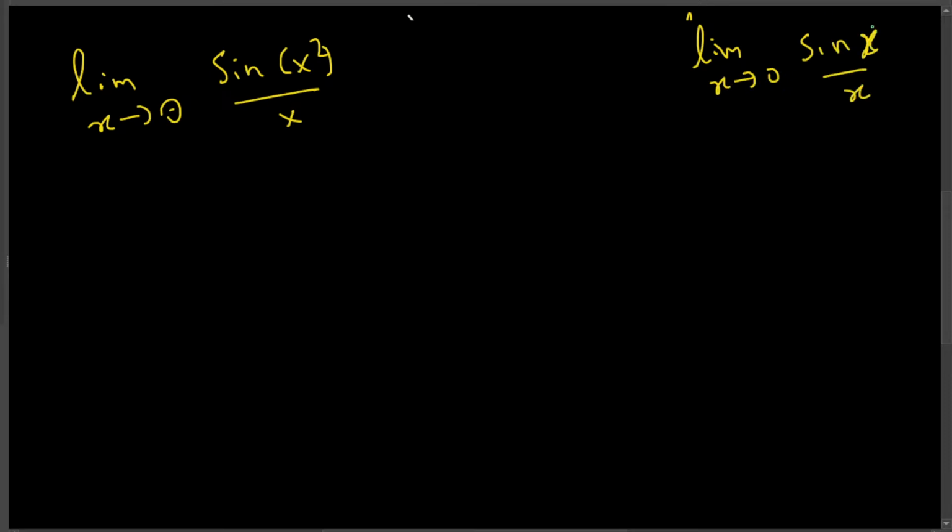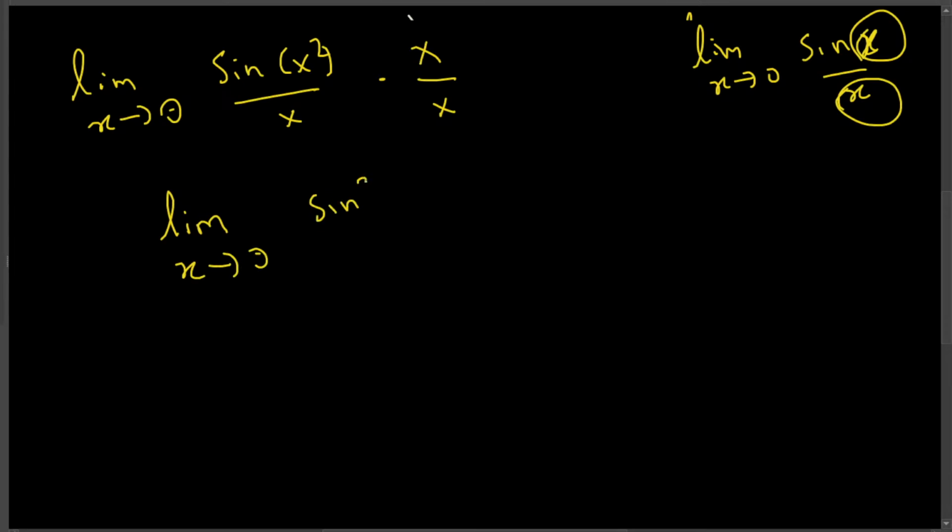Can I bring this into this pattern? We have to have this value and this value be the same. What is the value next to sine? We have x square. So if I want the denominator to be x square, I have to multiply the numerator and the denominator by x.